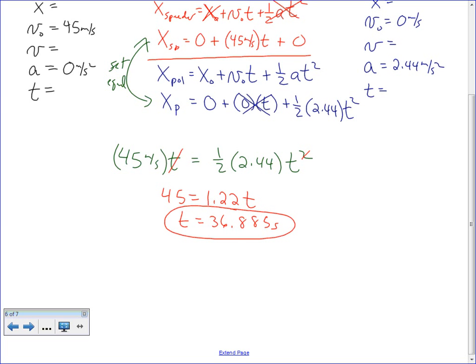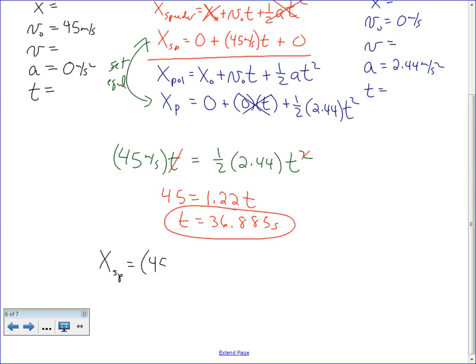And then to find the position, how far does the speeder get, we're going to plug that time back into the position of the speeder. And actually we could plug it back into the position of the speeder or the position of the policeman, because at this time they're both at the same position. But to figure out how far he got, I'll plug it back into the equation for the position of the speeder, because that one's a little bit easier.